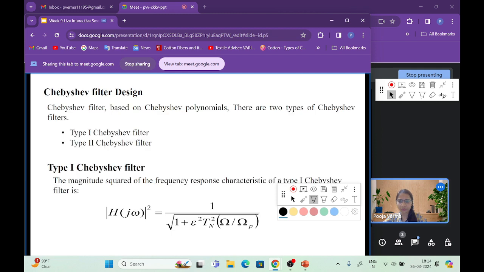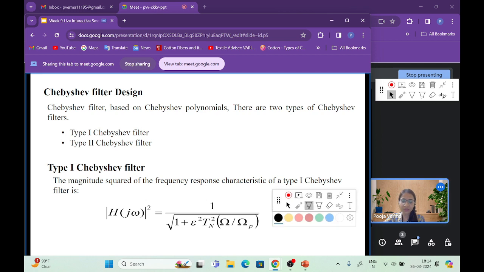Okay. Next is the Chebyshev filter design. I already told you Chebyshev filters are of two types, type 1 and type 2, and both are based on polynomials. So what are the equations of the type 1 and type 2 Chebyshev filters?